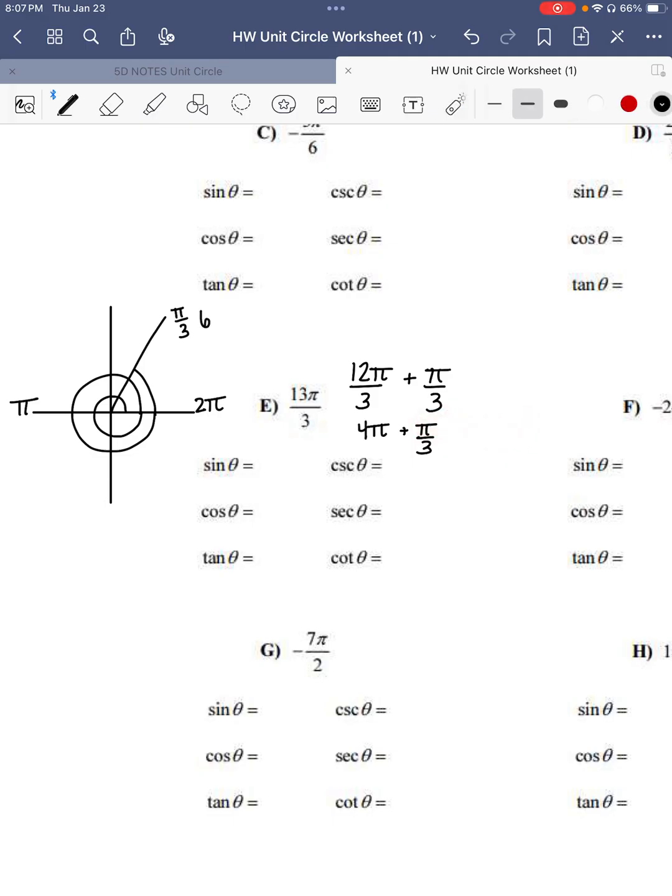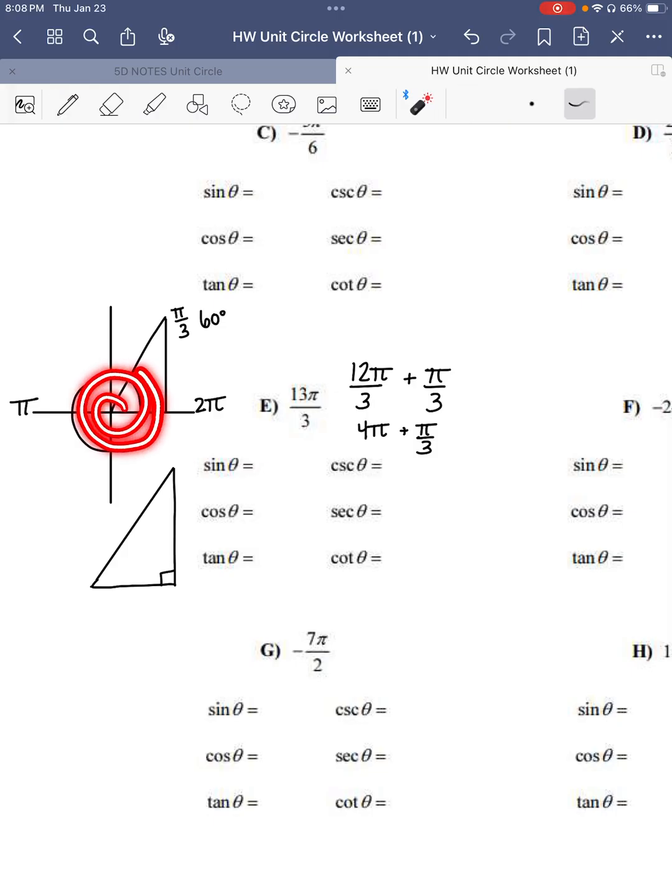This is equivalent to 60 degrees. So I end up with a 30, 60, 90 triangle. So I'm going to sketch that triangle. Now again, notice I'm not looking at my unit circle because this radian isn't even on the unit circle. So you have to have the skills to know that it's twice around plus 60 more degrees. So I was walking you through that process. Well, this is a 30, 60, 90 triangle.